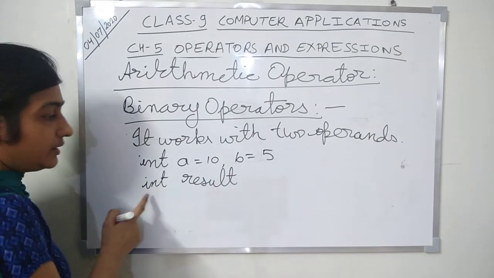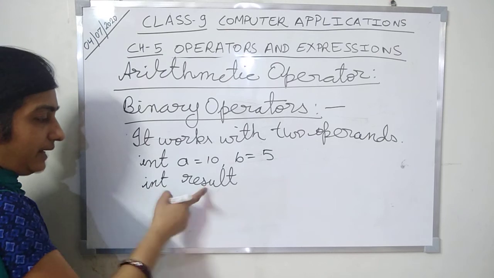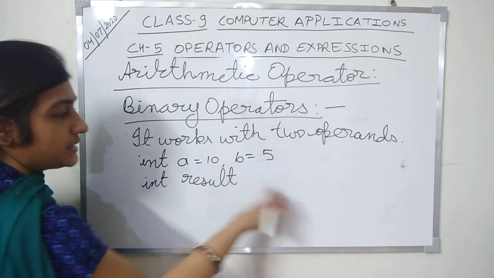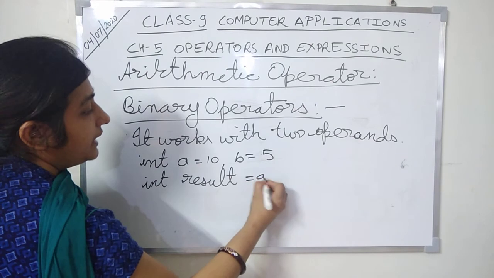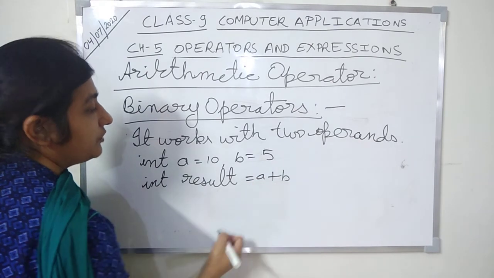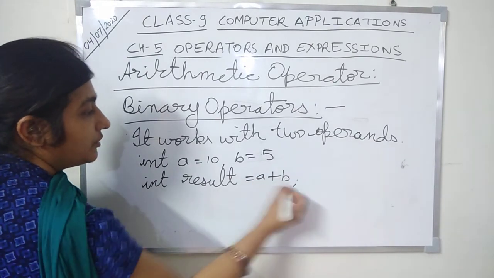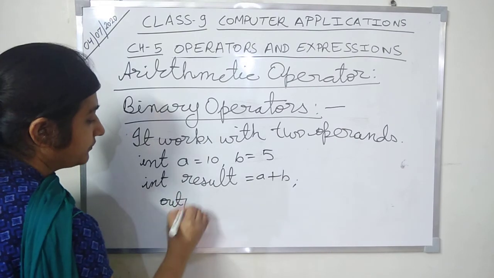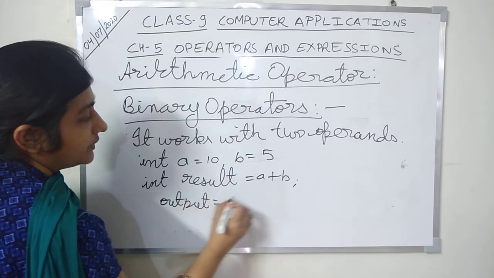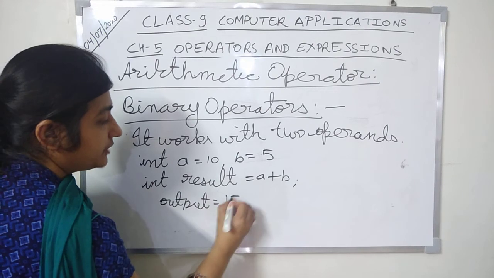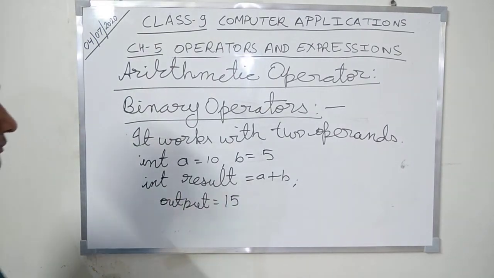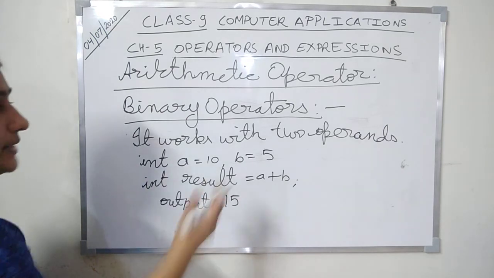Remember that this is an integer type variable result, so it will store only numbers, integers. So if I add A plus B, what will be its output? Of course, its output will be 15.